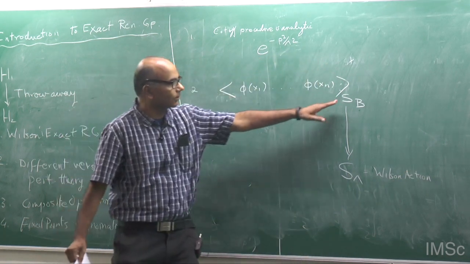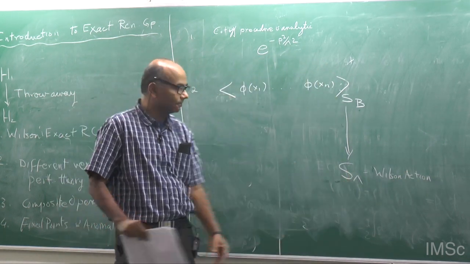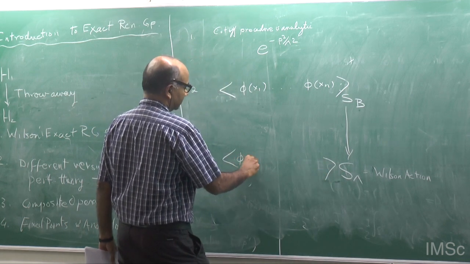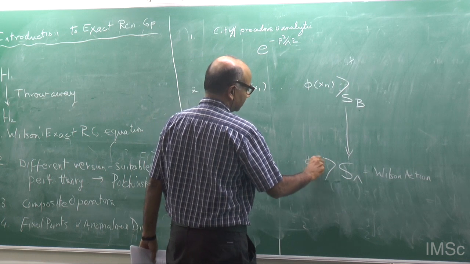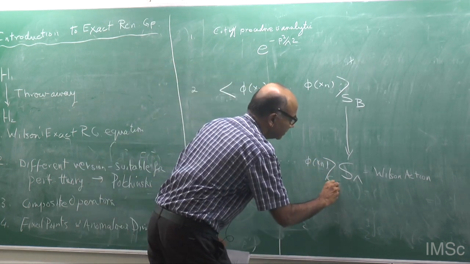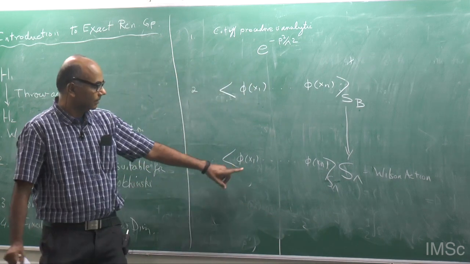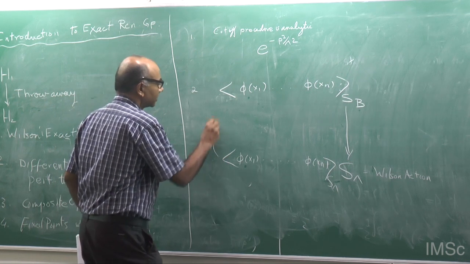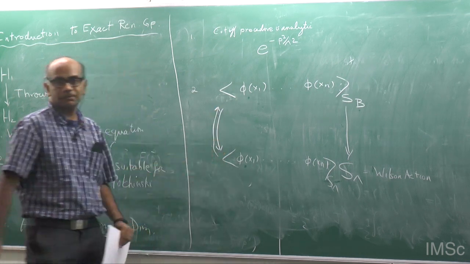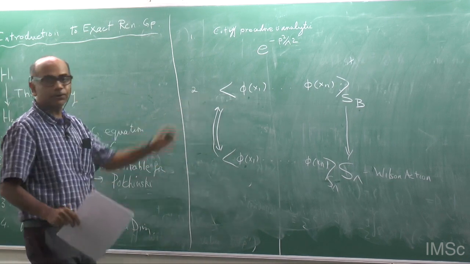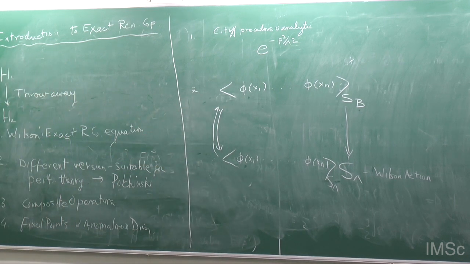But the point is, you will go to a lower energy action here, and you will calculate correlations with this action, and given this, you should be able to recover that. So you should be able to go from here to here without any loss of information, and we'll show how the exact RG does that.